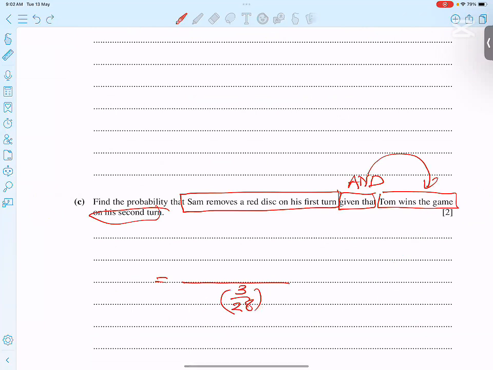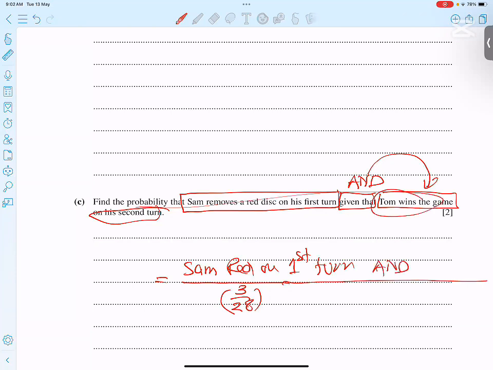And now I will find out the remaining answer. How come? Because I read a statement. Sam removed a second red disc on the first turn. Repeat. Sam got red on the first turn, and I'm writing the word 'and', Tom wins on the second turn.